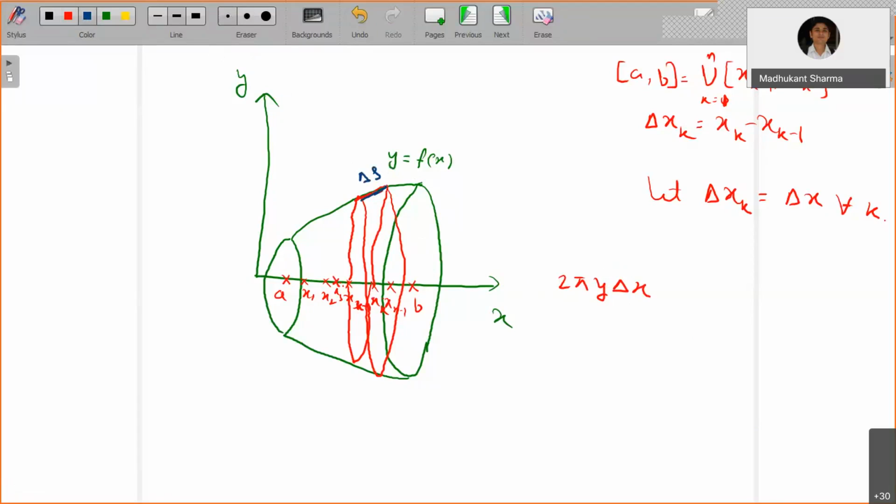How will you obtain this delta s? It is the hypotenuse of a right angle triangle where the base has length delta x and the perpendicular has length delta y.